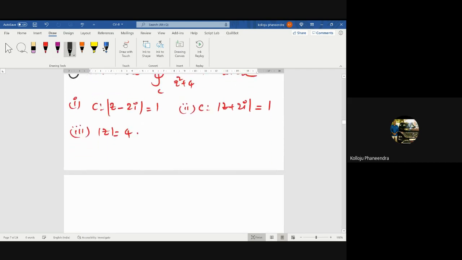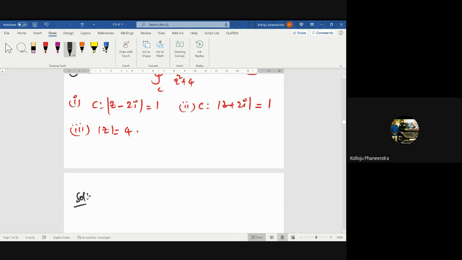Now, solution. Always, this is compulsory, first check Cauchy's theorem, whether it is applicable or not. If not applicable, then go for Cauchy integral formula. So first I am taking f of z equal to 1 by z square plus 4.